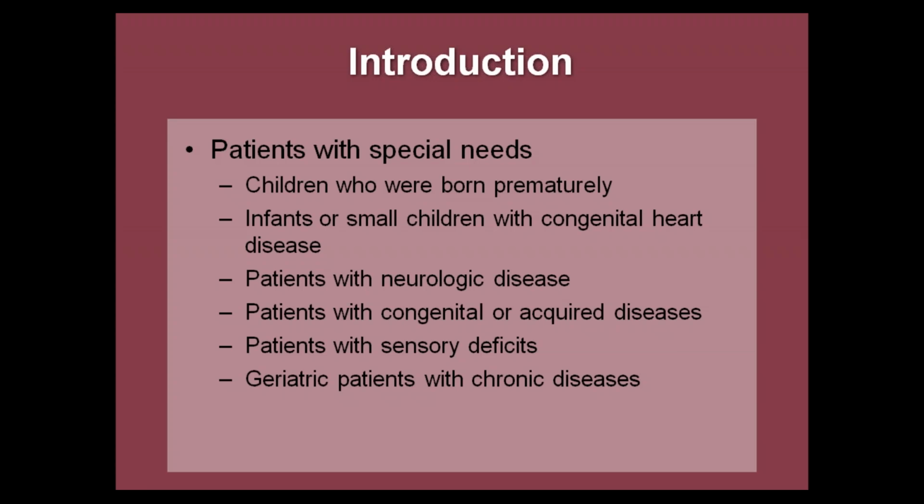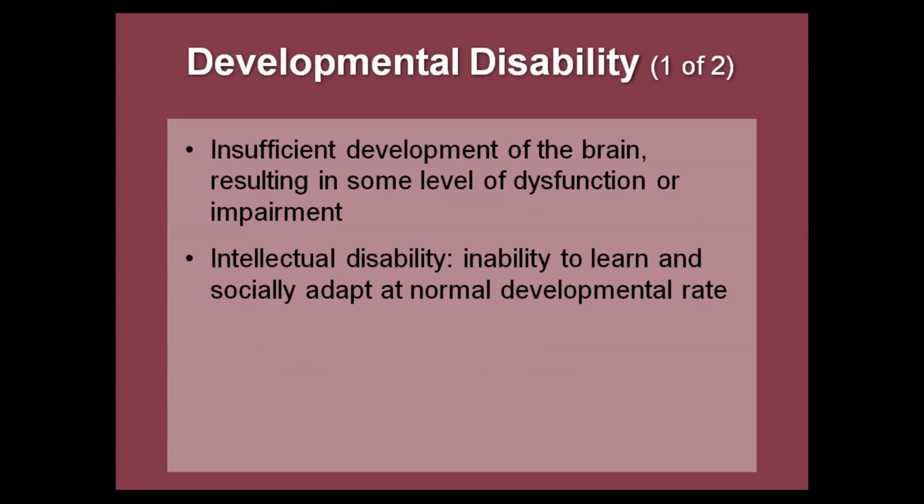Patients with special needs include children born prematurely who have associated respiratory problems, infants and small children with congenital heart disease, patients with neurological diseases, patients with congenital or acquired diseases, patients with sensory deficits, and geriatric patients with chronic diseases. And you may need to treat children and adults who depend on mechanical ventilation, IV pumps, and other devices.